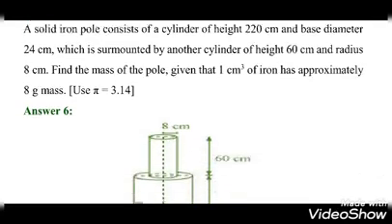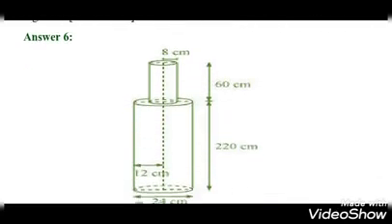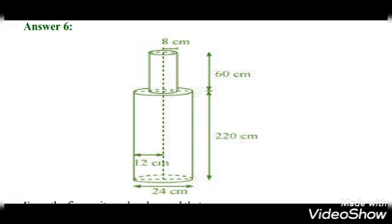So this is the figure. You can see in the figure that downwards it is the larger cylinder, and upward it is the smaller cylinder. I already explained this diagram in the homework, but again I need to recall it.